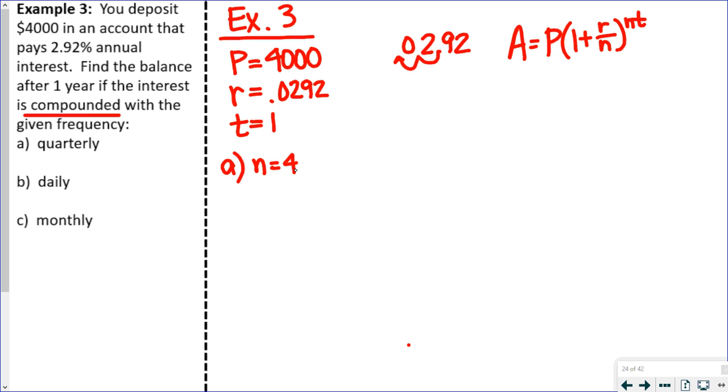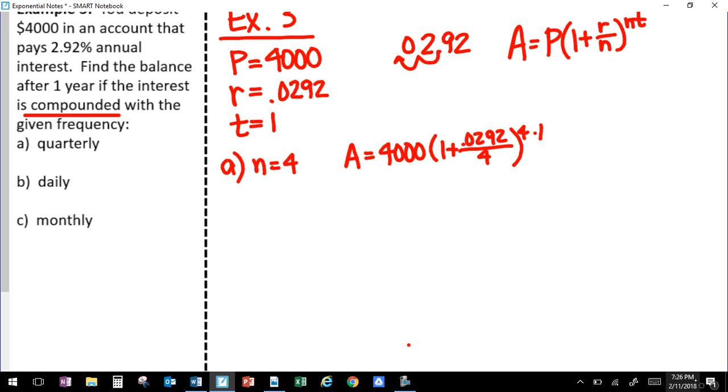N equals 4. Now I'm going to plug in everything. A is going to be 4,000 times 1 plus 0.0292 divided by 4, to the 4 times 1 power, because we're just doing 1 year for this one. Okay, so go ahead and type that into your calculator.